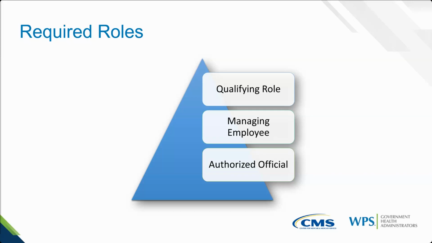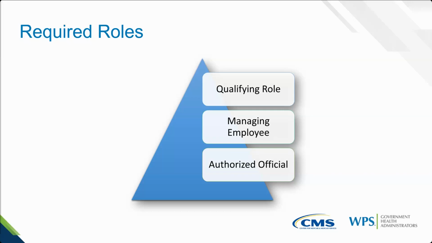And then every entity is going to have someone designated as an authorized official that meets the requirements for authorized official. Again, private practice, they act as their own authorized official because in private practice, they're telling us it is all them. They own it, they run it, they control it. It's the groups and the facilities that are going to be designating people to do it.